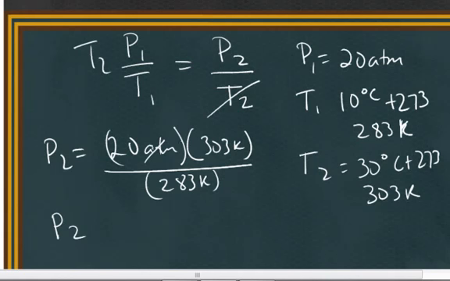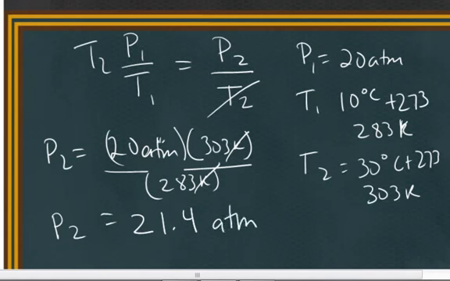Our Kelvin unit cancels, and our atmosphere unit stays with us. When you plug it into the calculator, the answer is 21.4 atmospheres. We recognize that we have 2 significant figures in our temperature measurement, so we round that to 21 atmospheres for the final pressure.